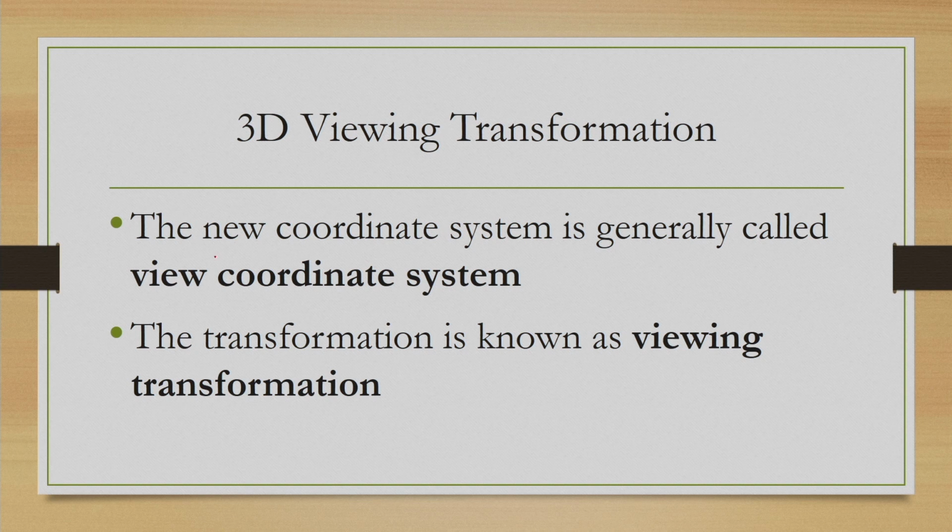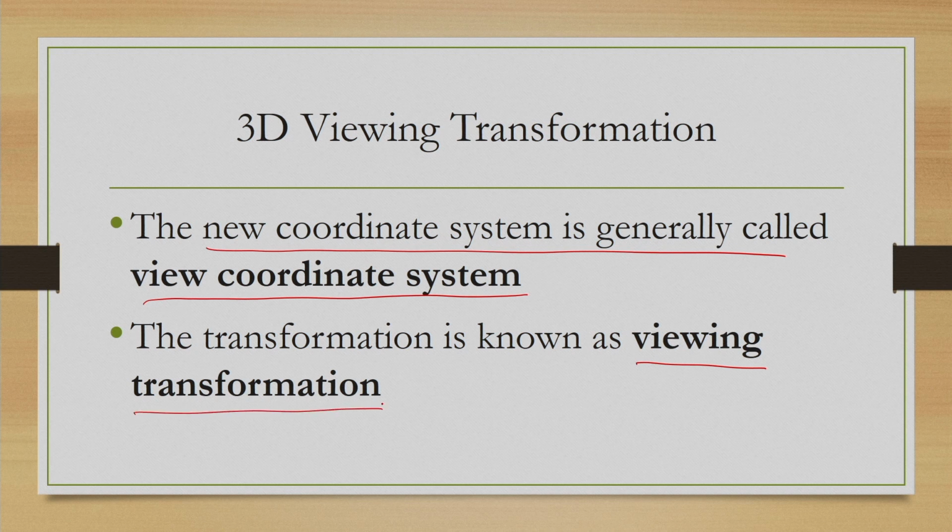So, this new coordinate system, we generally call it view coordinate system, and the transformation between world coordinate system and view coordinate system is the viewing transformation, which is the first substage of the viewing pipeline.